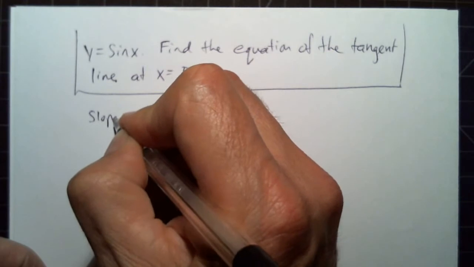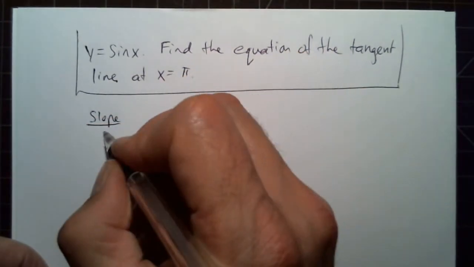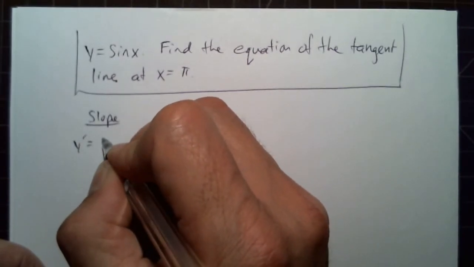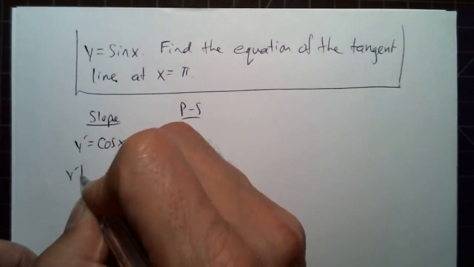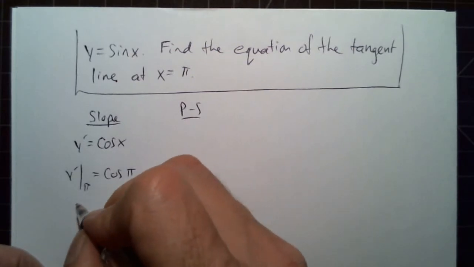To find the equation of a tangent line, you need the slope and point slope formula. The slope is the derivative. The derivative of sine is cosine, and then we'll evaluate that at pi. Cosine of pi is -1.